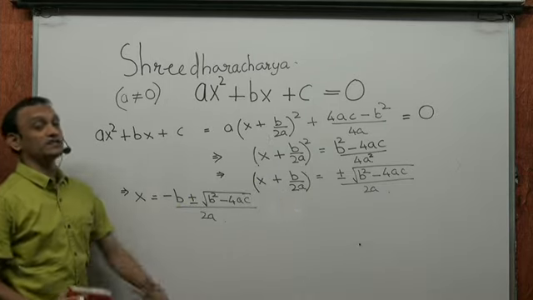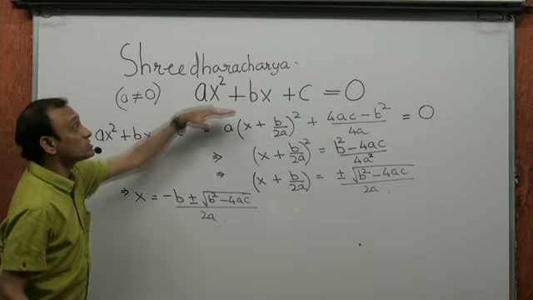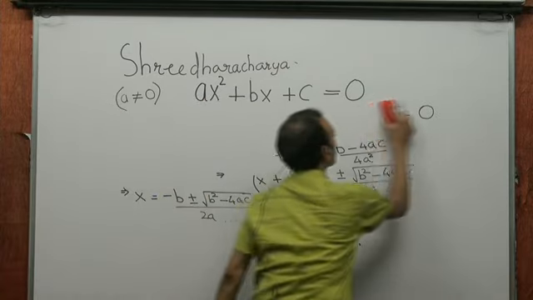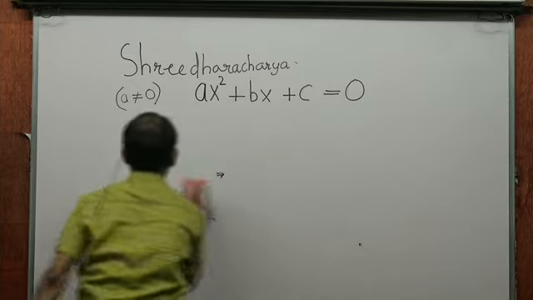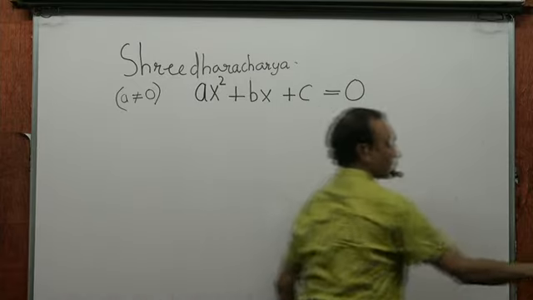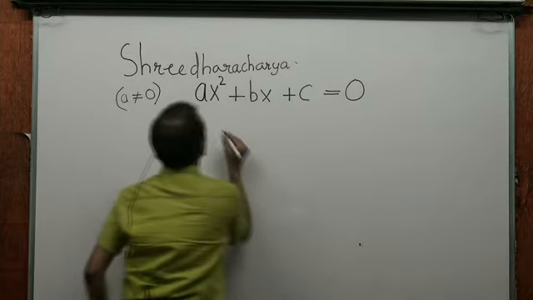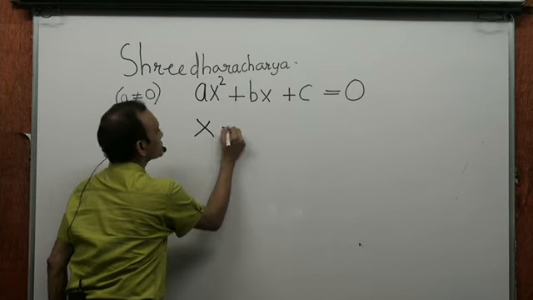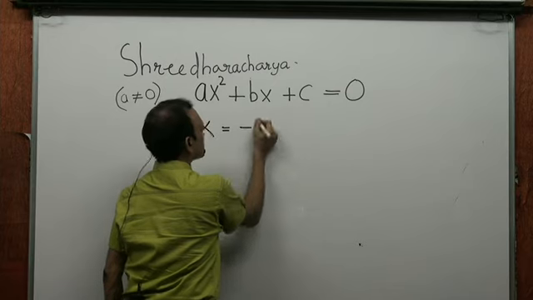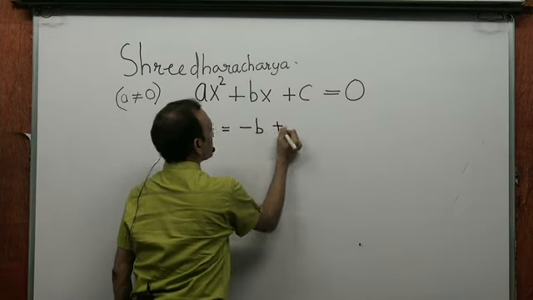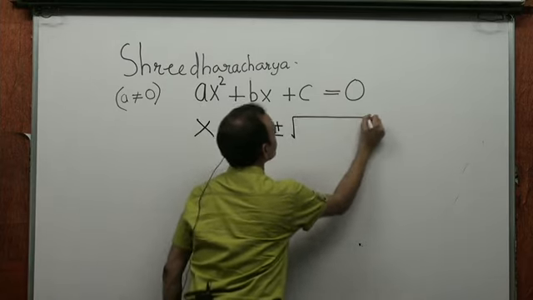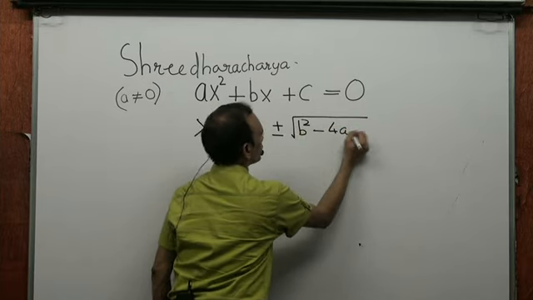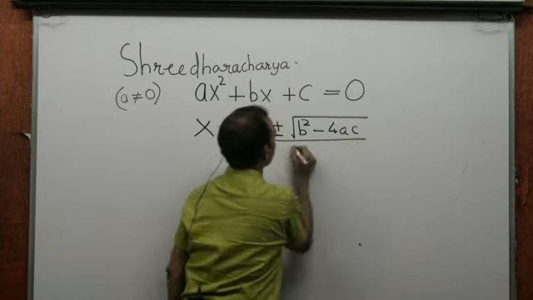Now, this then is the Shreedharacharya method of solving this quadratic. Very clearly, the solution to this equation is x equal to minus b plus minus root b squared minus 4ac by 2a.